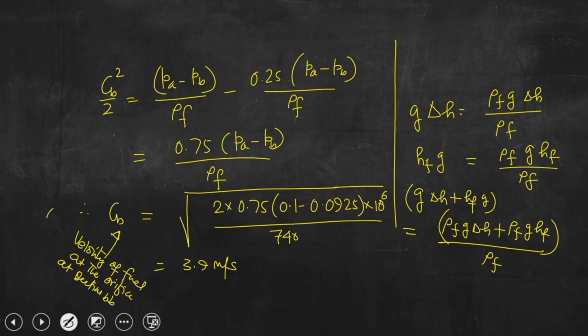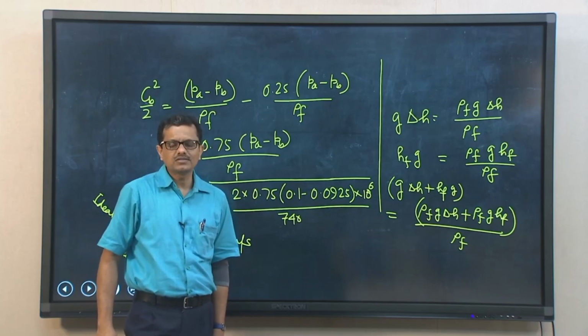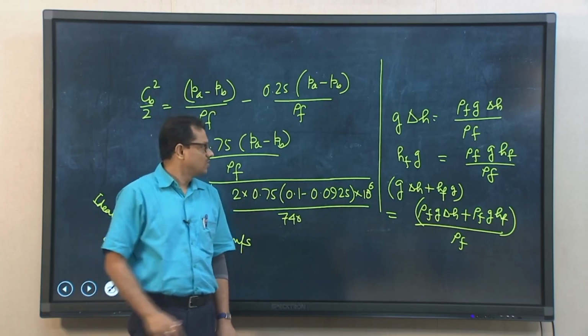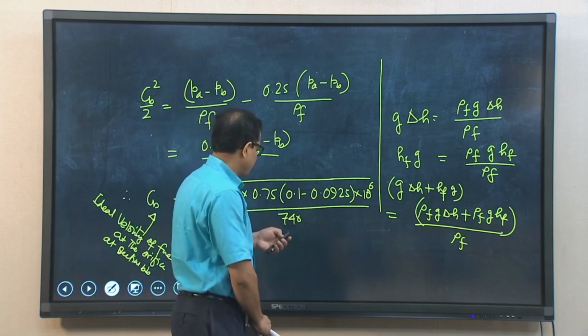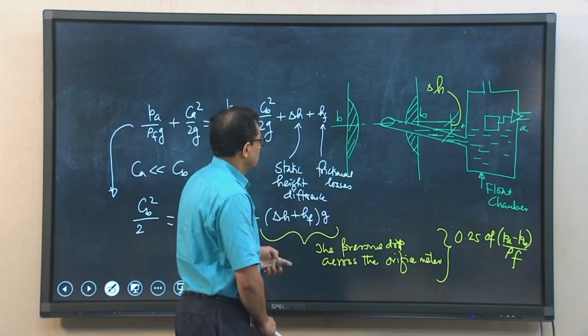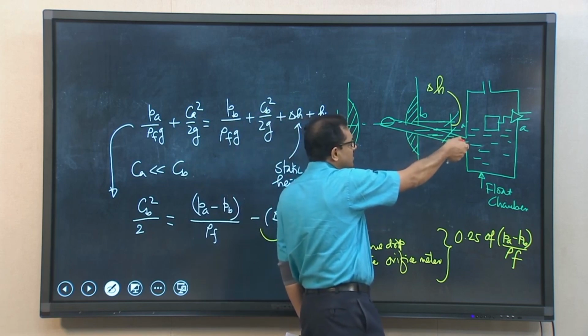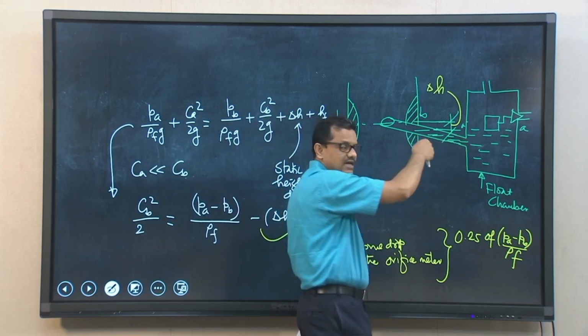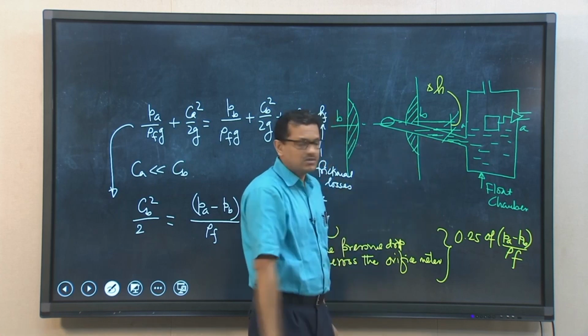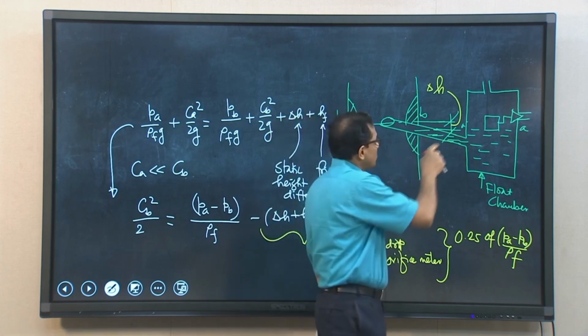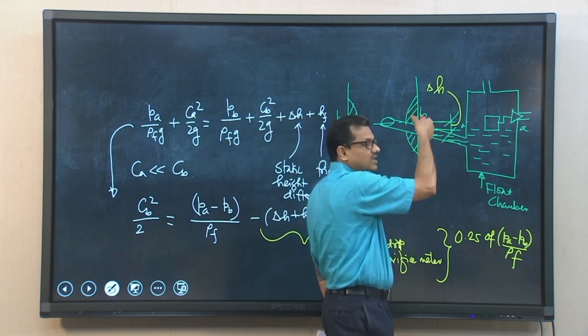Now let me go back to the previous slide. The velocity that we have calculated following this expression is again the ideal velocity, because when there is a flow of fuel through this particular arrangement, you know that this is sudden contraction. Also, we did not take the effect of surface tension into account. We did not consider the losses due to sudden contraction.